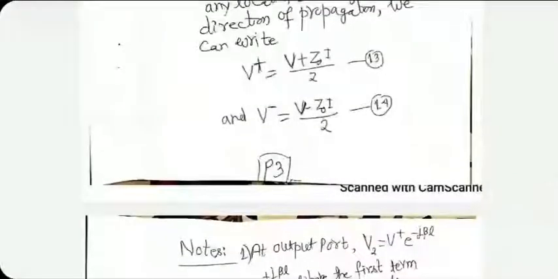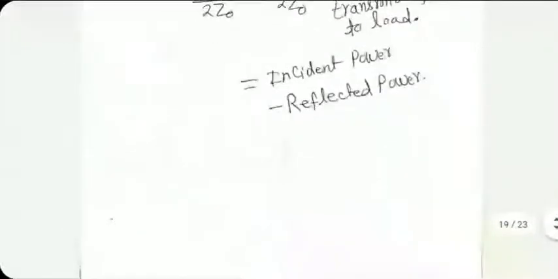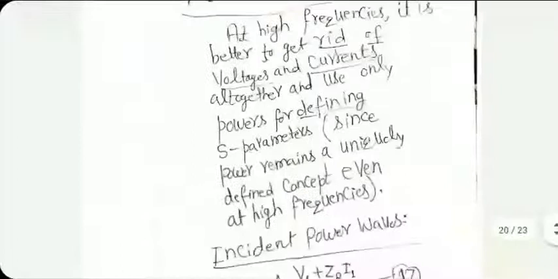This is the same formula taken there. Only thing is, we have assumed that Z naught is not the same for port and the network. So more generalized definitions were given for these two parameters, a and b. For both the ports, they would apply.